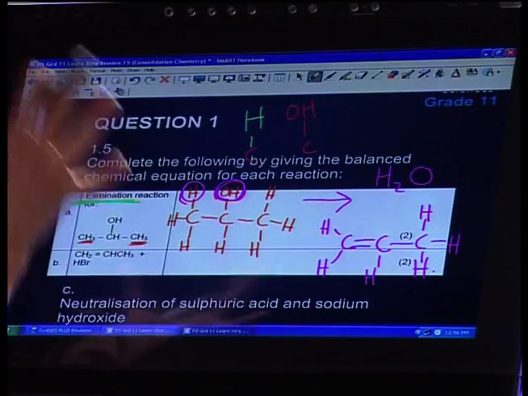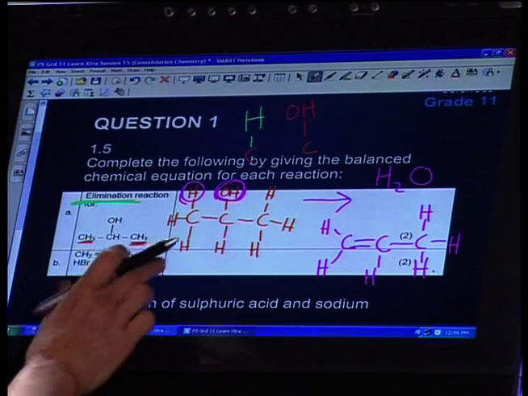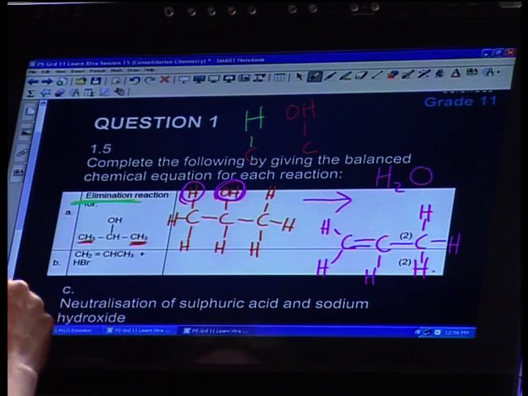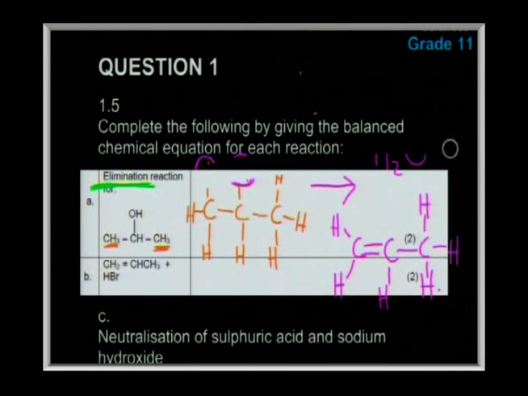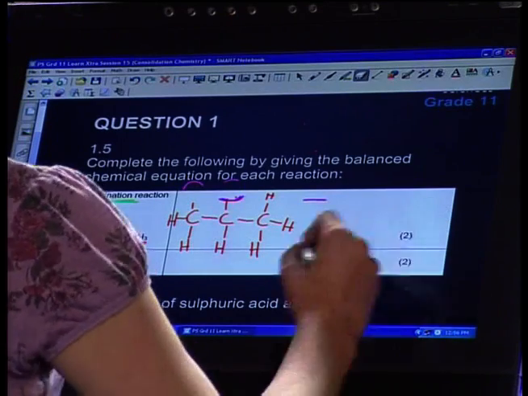Okay, the next equation now says we must give the balanced chemical equation that occurs when these two compounds react with each other. Now, I'm again going to draw out the structure, because I just feel that it demystifies the reaction quite a lot.